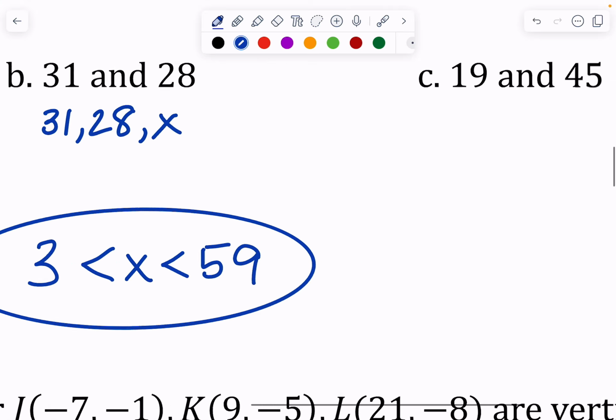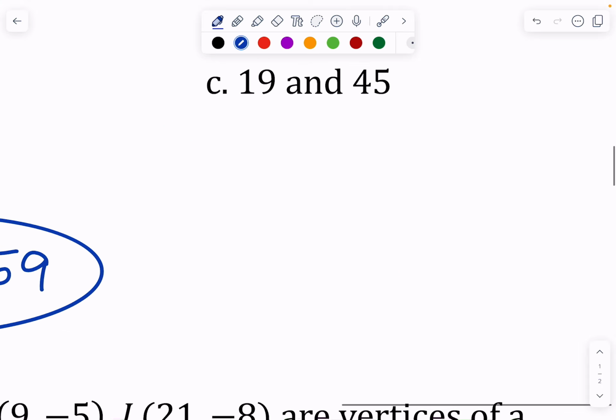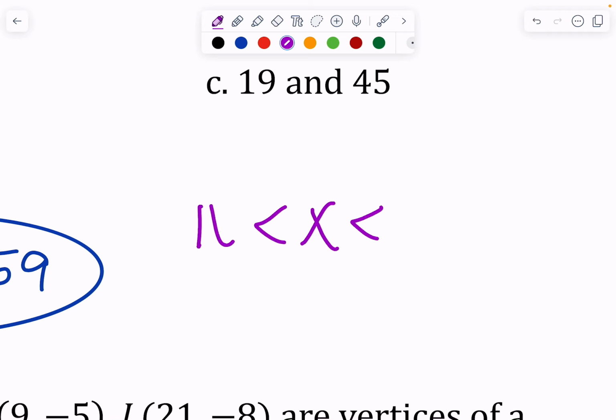How about you try C? Did you get that x needs to be between 16 and 64? Okay, good.